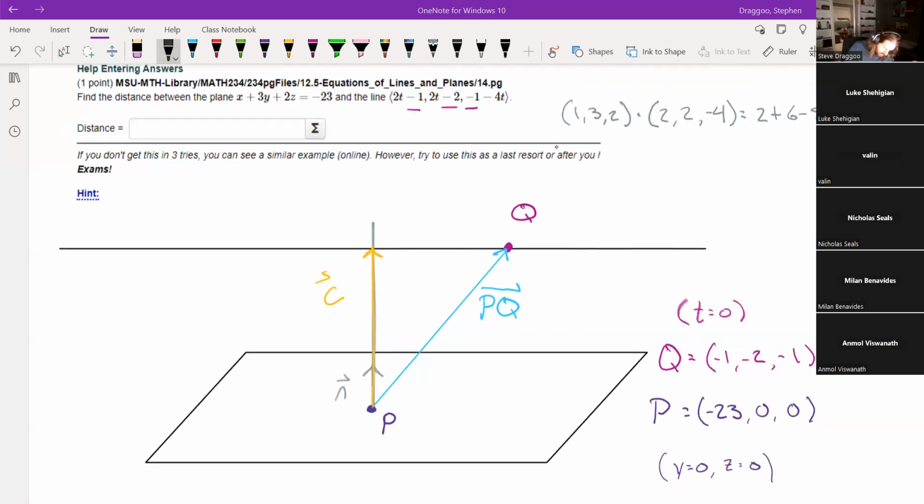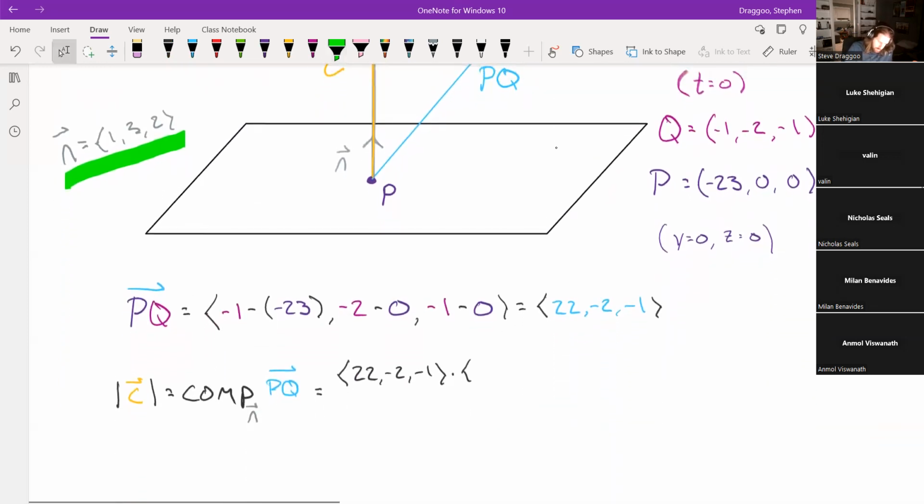That normal vector, n, from my plane equation should have been 1, 3, 2. So, yep, I'm using that equation of the plane to get the normal vector. My normal vector was 1, 3, 2.